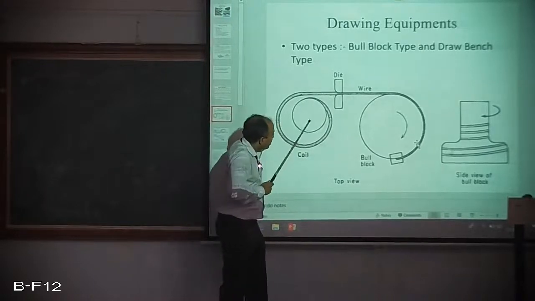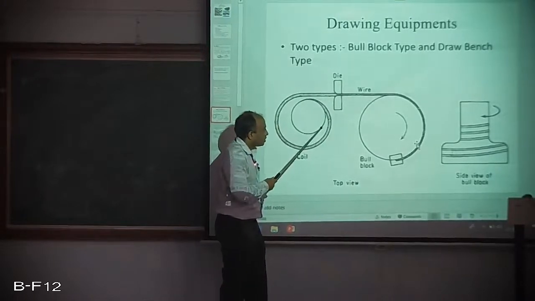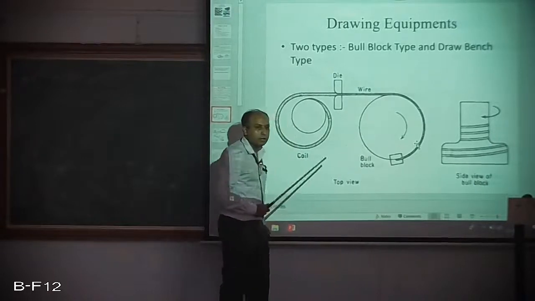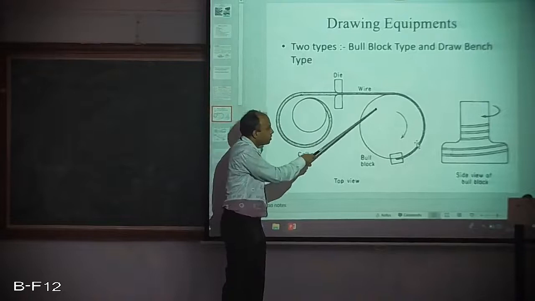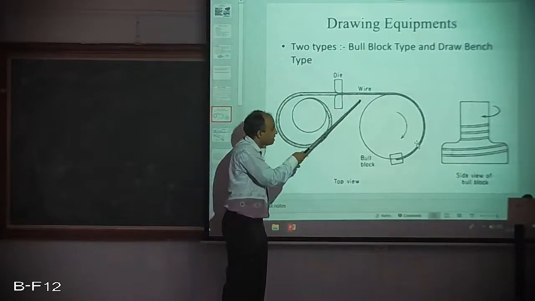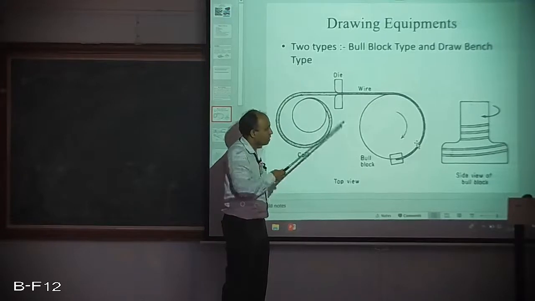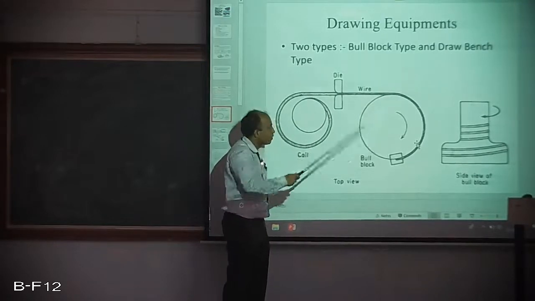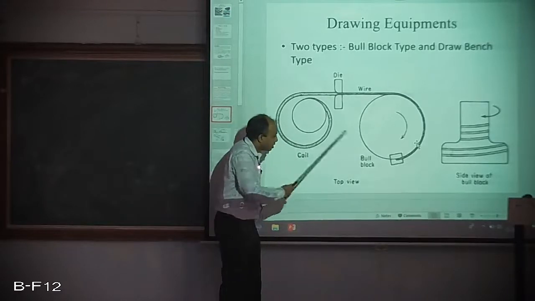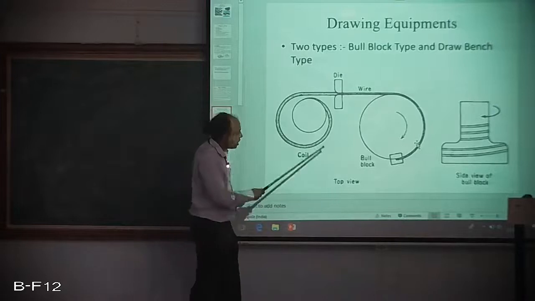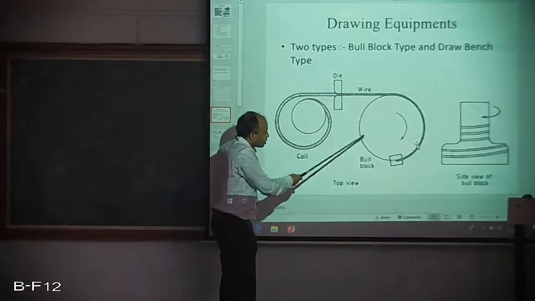So the speed at which this is getting uncoiled should not be the speed at which this is getting coiled, otherwise there will be slippages. Because of the reduction in cross-sectional area and increase in length, this should be rotating at higher velocity compared to this. These are to be adjusted. In the previous video you have seen we have separate motors for each pair.